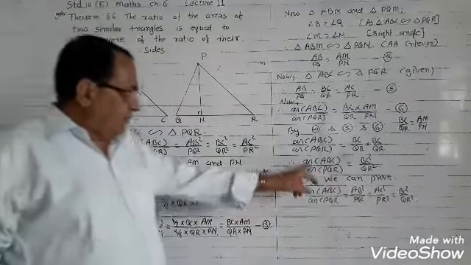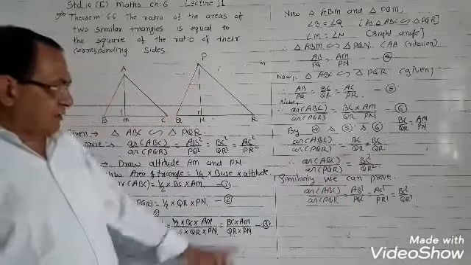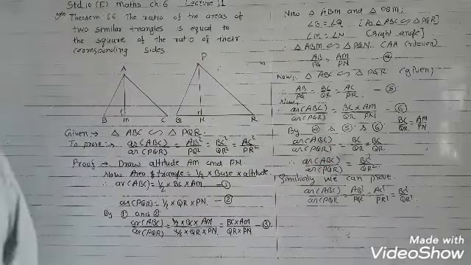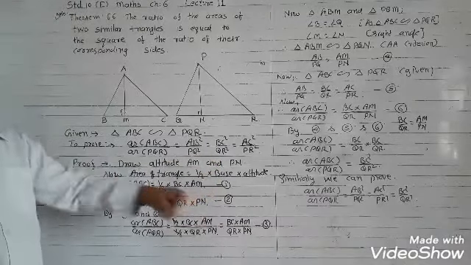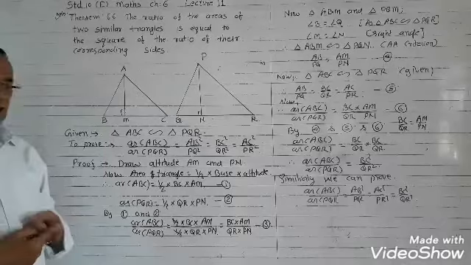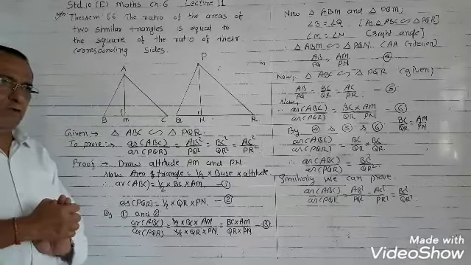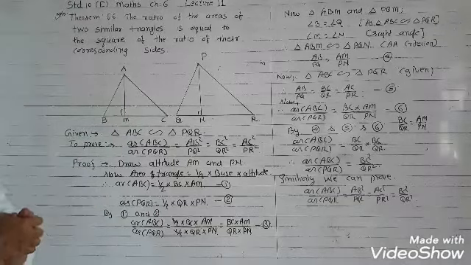Therefore area of ABC upon area of PQR is BC square upon QR square. Similarly, we can prove the other ratios also. Okay, look at it once or twice and write it properly, then try writing it two or three times until it is written correctly. Keep writing until then. After three or four times you can learn it properly. Okay.